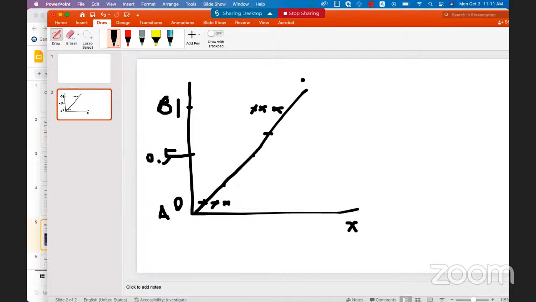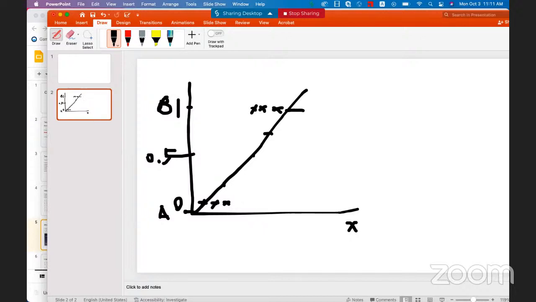However, this line has two problems. One is that it goes infinite to both sides, and I need the y value to be bounded between 0 and 1. I don't need probabilities lower than 0 or higher than 1, that's not possible. So I need this line to have a boundary.